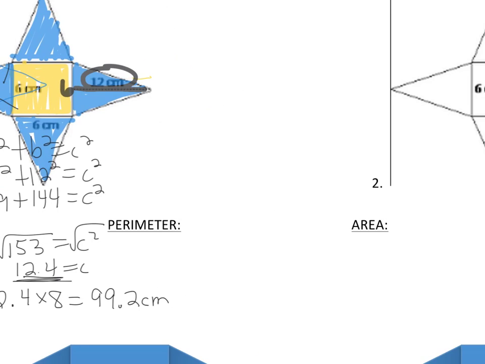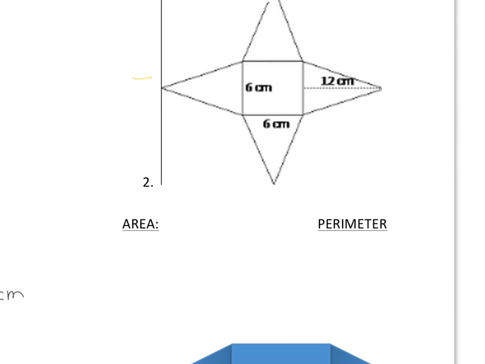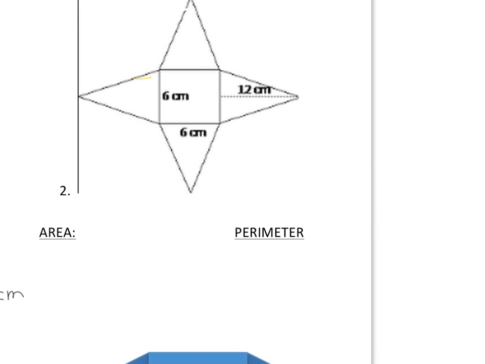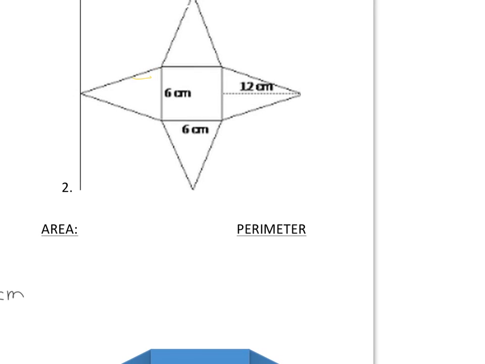Number 2. This one, on your paper, the side lengths are now 5, and the height is 9. So, once again, to find the area, you're going to do the side length squared for the square, which is 5 to the second, or 25.